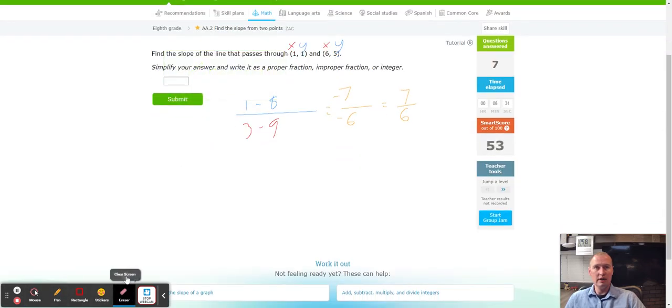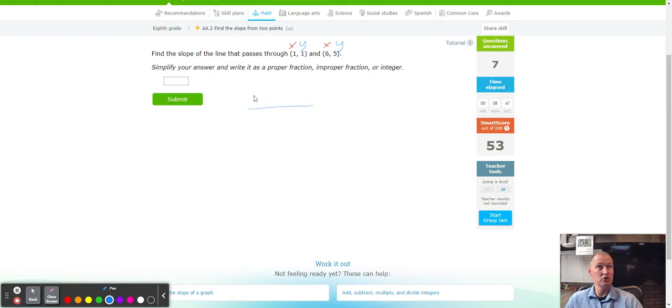All right, next up we got x value of 1 and 6 over y value of 1 and y value of 5. So on top in our numerator we have 1 subtract 5, and our x value we have 1 minus 6.